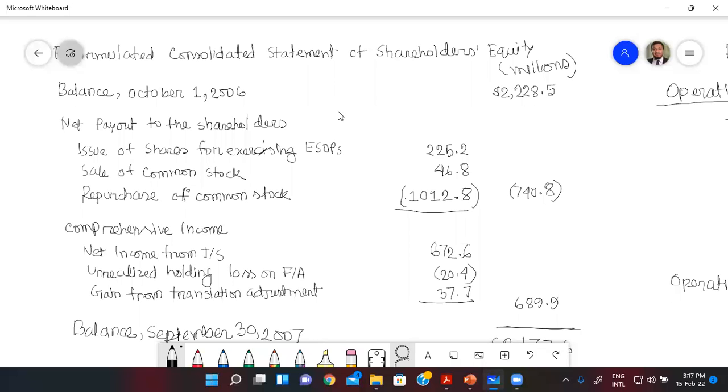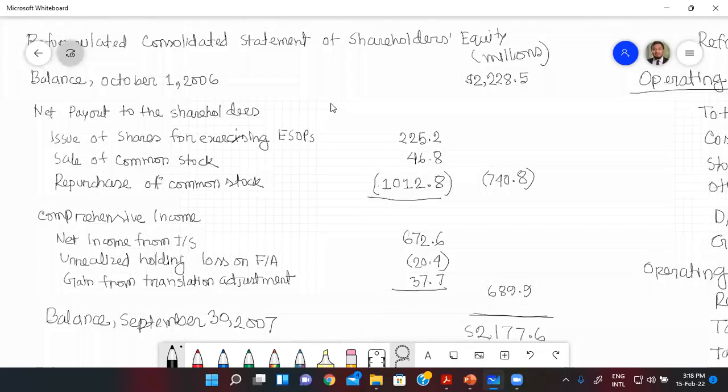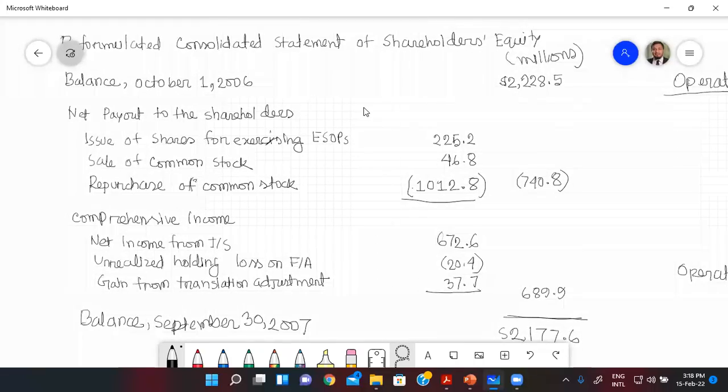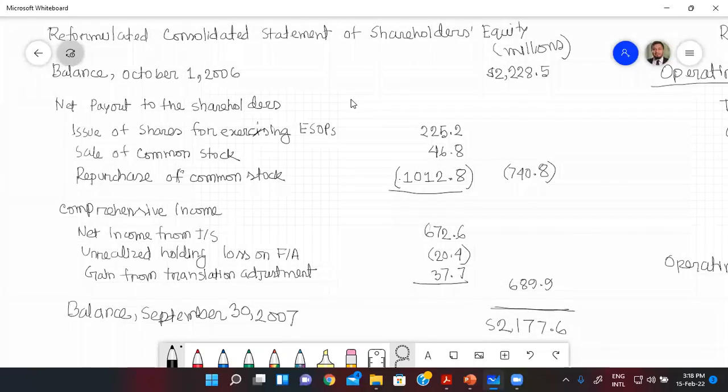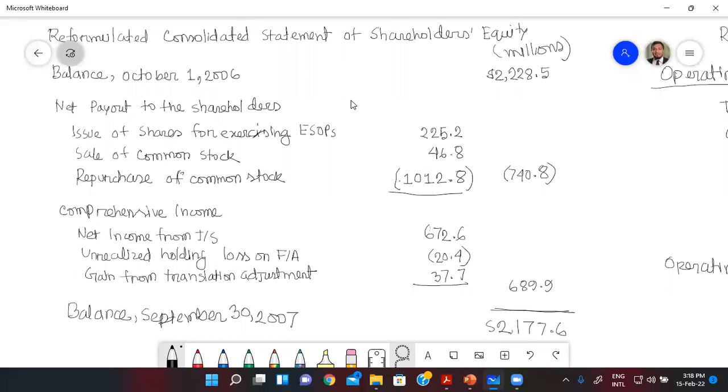Doing a comprehensive problem requires time, and you have the limitation of available time. So what I have done, I have prepared this before starting the class so that I can use it in written form, and I will explain what I have done. Okay. So first thing first, the reformulated consolidated statement of shareholders' equity.